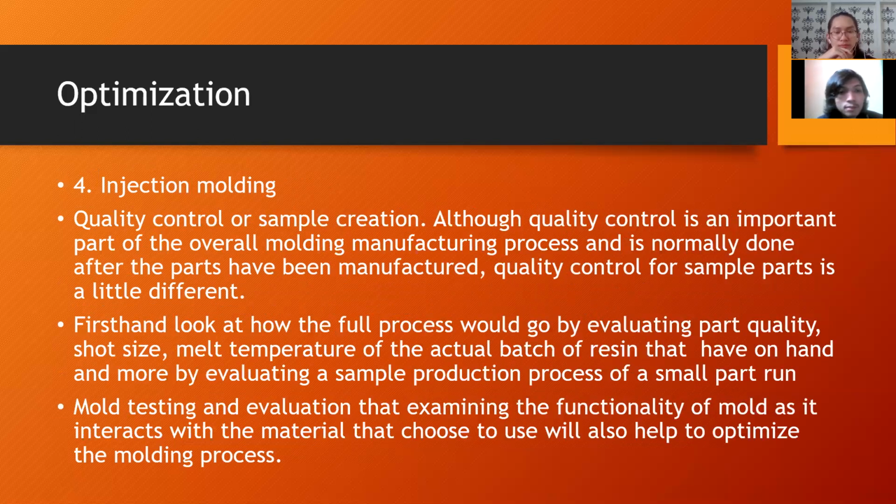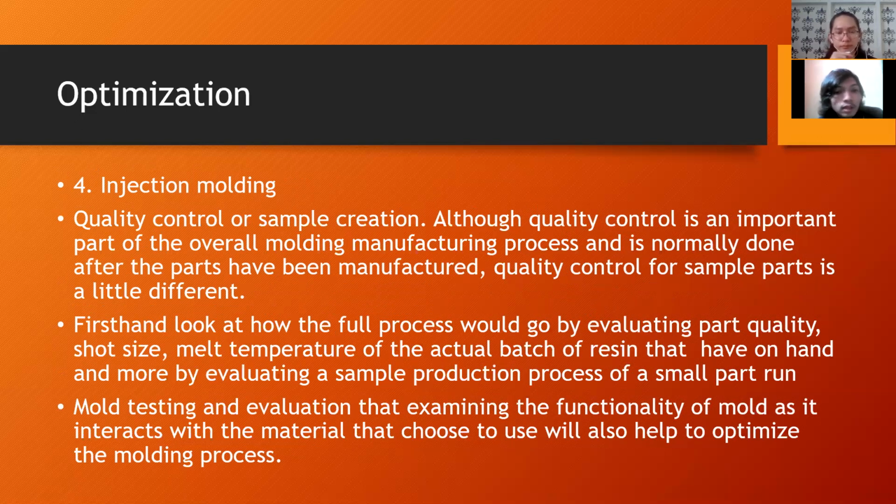For optimization of injection molding, first, quality control or sample creation. Although quality control is an important part of the overall molding manufacturing process and is normally done after the parts have been manufactured, quality control for sample parts is a little different.